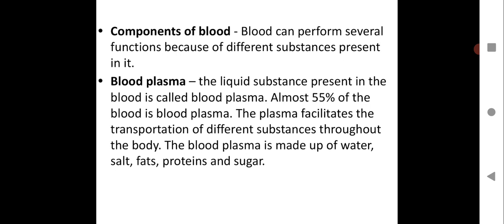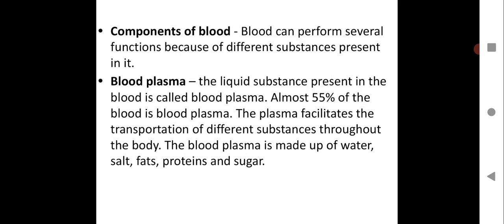The plasma facilitates the transportation of different substances throughout the body. Blood plasma is made up of water, salts, fats, proteins and sugar. It is in a liquid state at room temperature, and because of that blood flows. I hope this is clear.